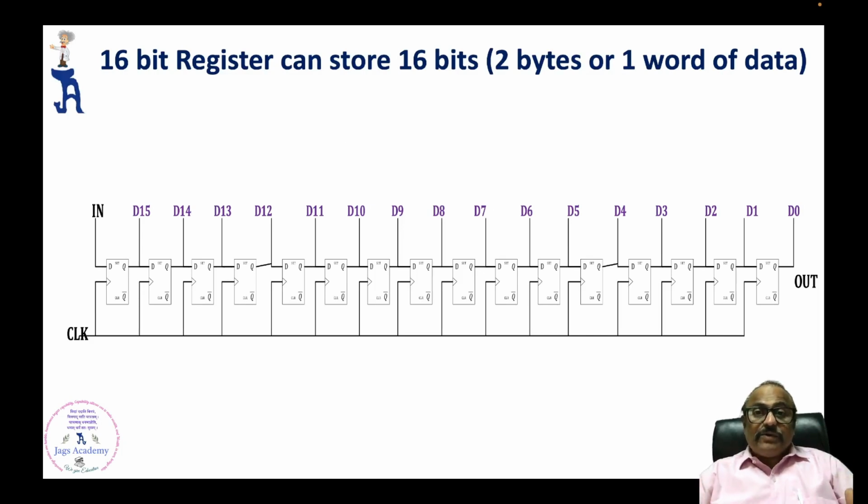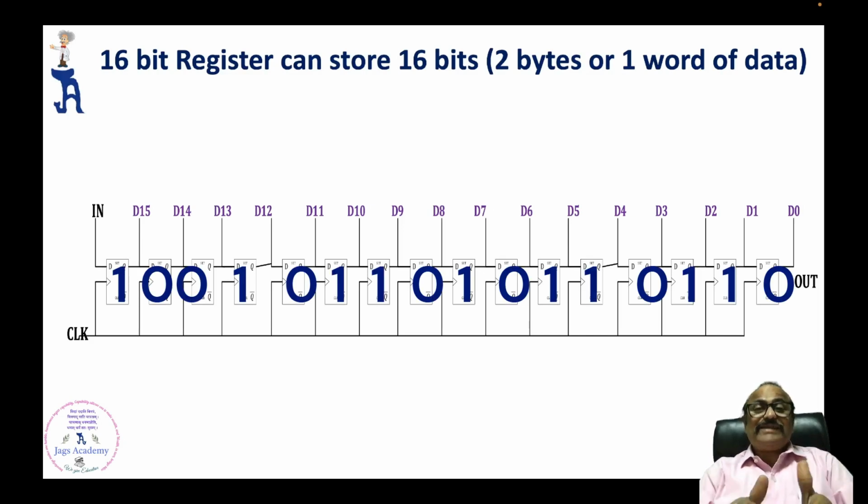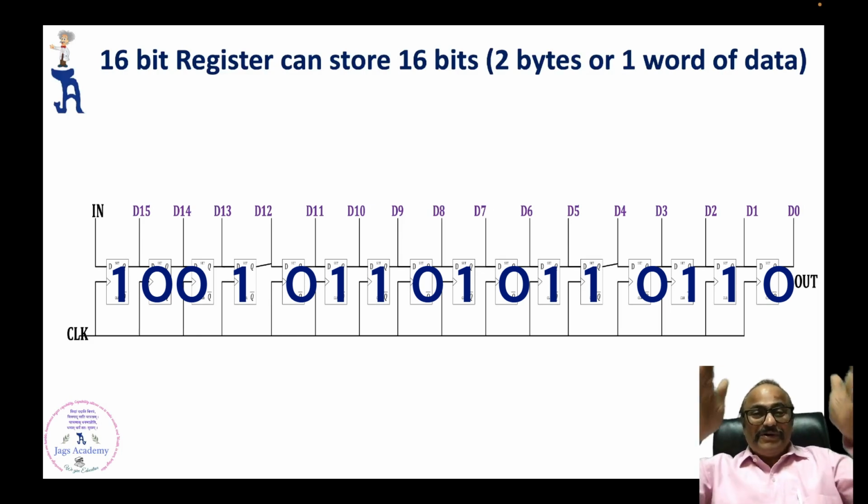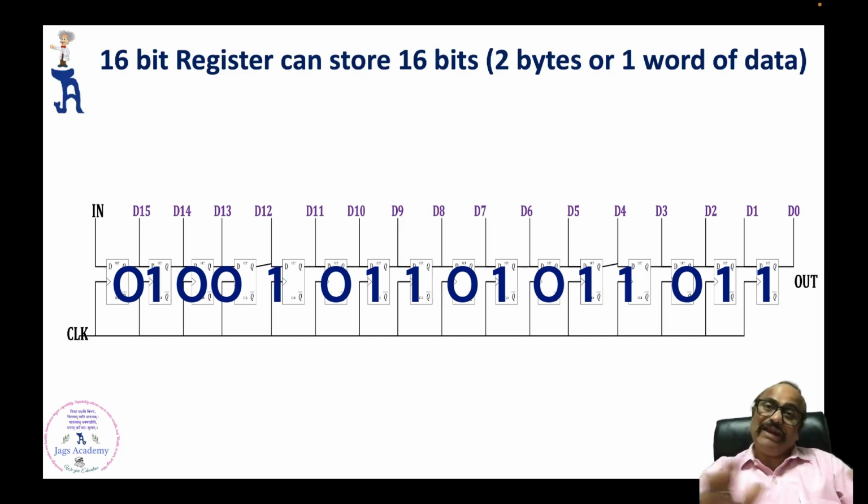This also works like a storage device. You can store 16 bits if you have cascaded 16 D flip-flops. So 16 bits are stored and also shifted to the right or left using these shift registers.